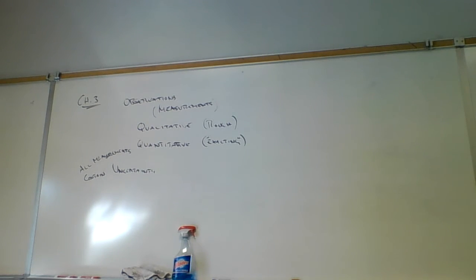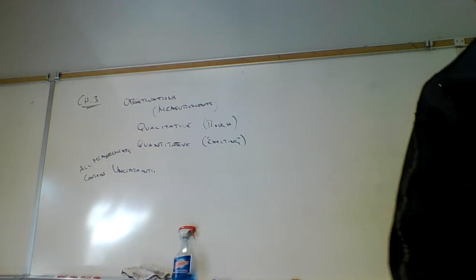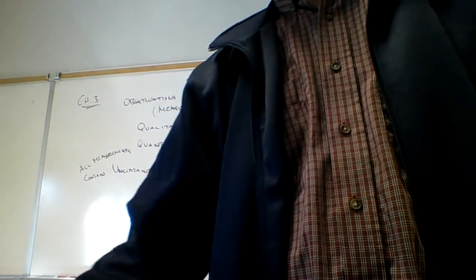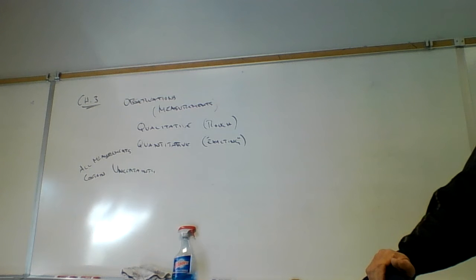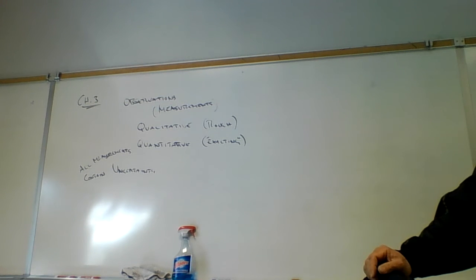So, if you measure the length of this table, what would you say? 12 feet or something? That would be pretty qualitative. But if I took the meter stick and actually measured this as exactingly as possible, I came out to, let's say, 1.2 meters.